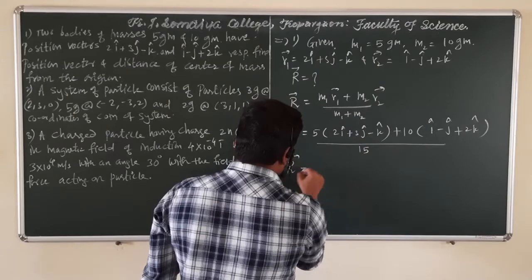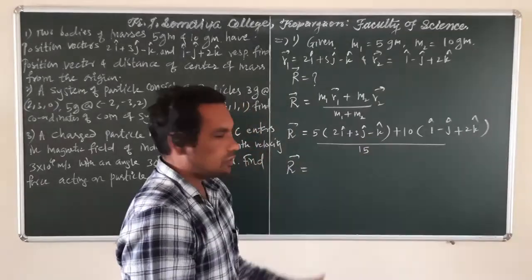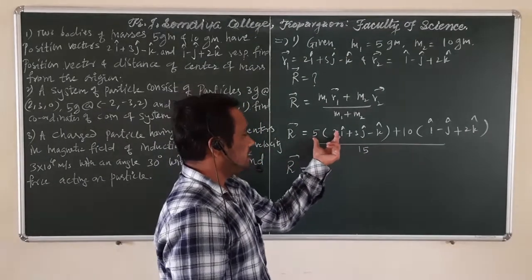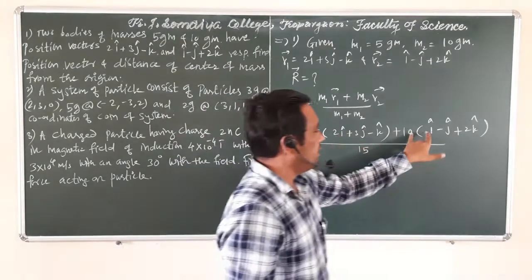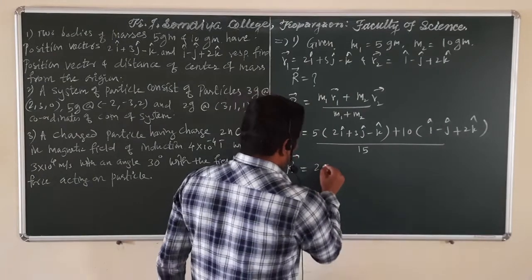So vector R is equal to, first of all, see the x component. Here we have 5 into 2, which is 10, and here we have 10, so 20i.